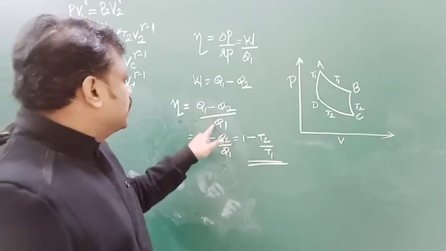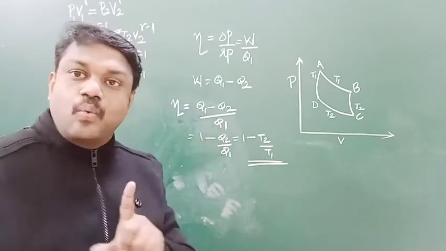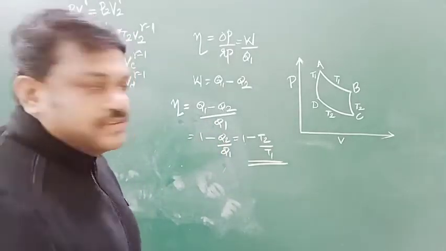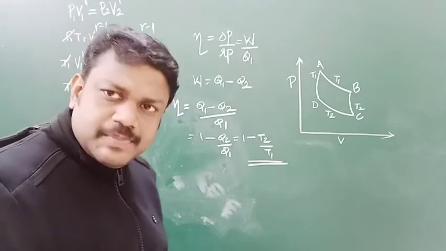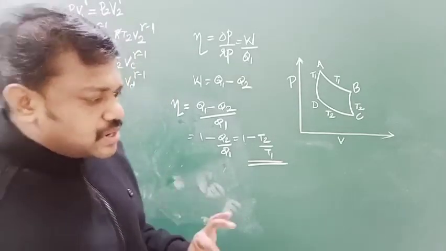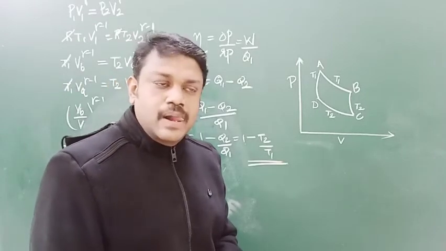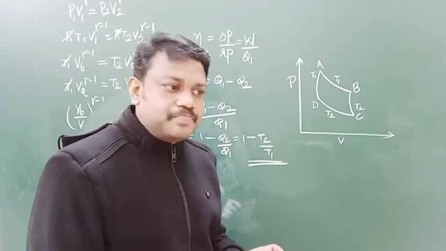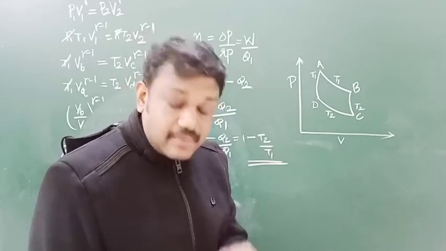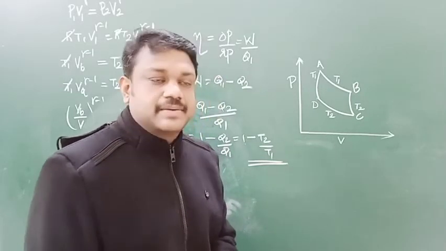Then only Q1 by Q1 equal to 1 would be the efficiency. But it is not possible to convert the energy absorbed by the system wholly into useful work. That is the Kelvin Planck statement.